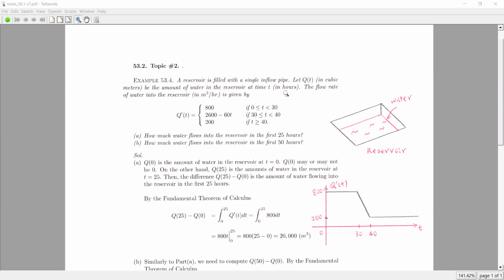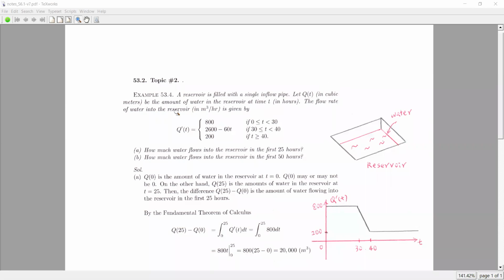T is measured in hours. The flow rate of water into the reservoir is given by this piecewise defined function. Part A, how much water flows into the reservoir in the first 25 hours?